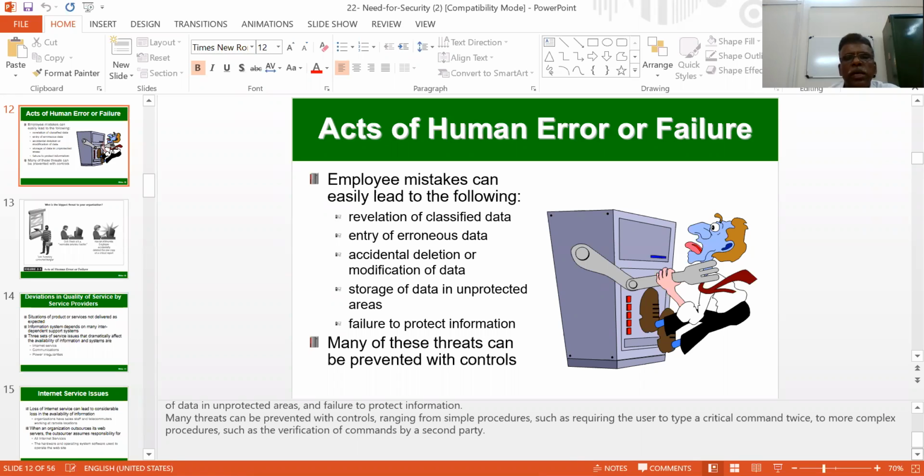So, typing a critical command a number of times, correct, without knowing what the output and the outcome of this particular interface or interaction will be, whether going with a simple way or a complex setup procedure, and automatically with the communication with a third party. These are all various types of errors.